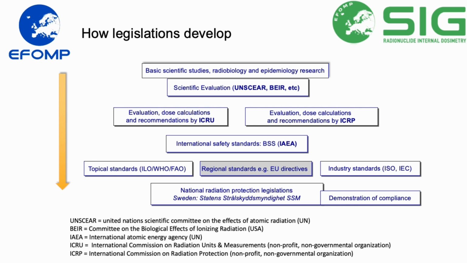The European directive develops based on recommendations from several international radiation protection organizations. So there is a network of organizations. For example, there is the ICRU, the ICRP, and the IAEA, with abbreviations written at the bottom, that all feed information and recommendations into the EU that then form their directives.